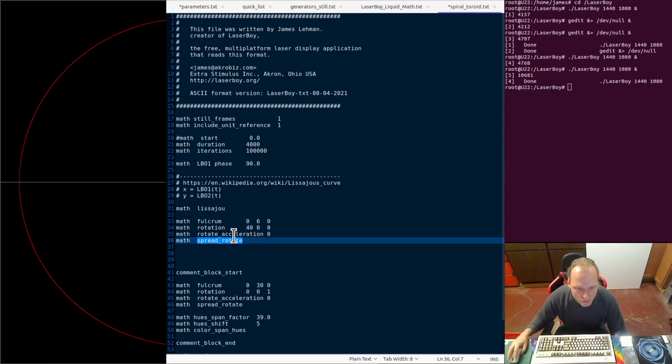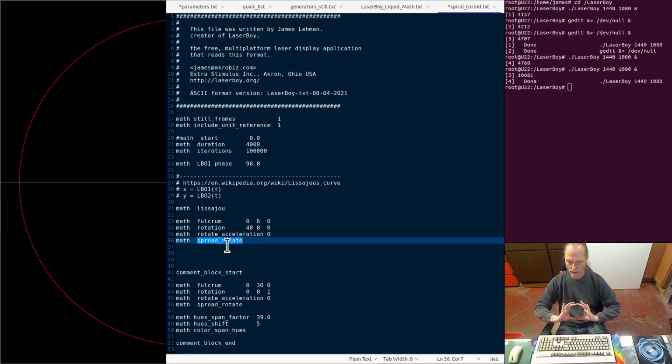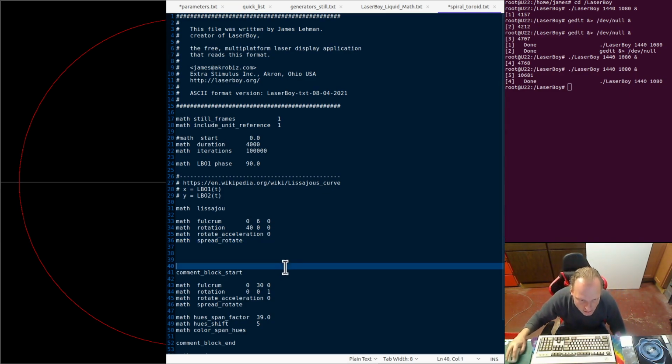All right? So a spread rotate does just exactly that. What it's going to do is take this coil of 4,000 circles and stretch it out like a slinky, but it's going to loop it around 40 times. So let's see what that looks like.